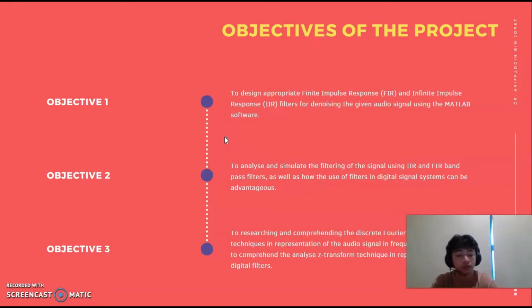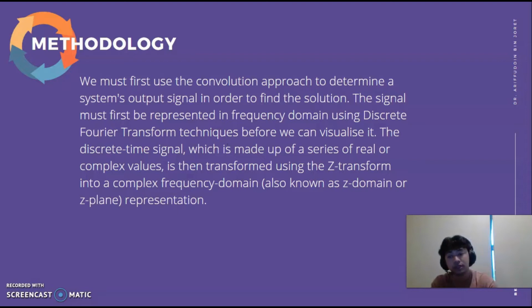I will continue to the methodology. We must first use the convolution approach to determine a system's output signal in order to find the solution. The signal must first be represented in the frequency domain using the discrete Fourier transform technique before we can visualize it. The discrete time signal, which is made up of a series of real or complex values, is then transformed using the Z transform into a complex frequency domain, also known as Z domain or Z plane representation.